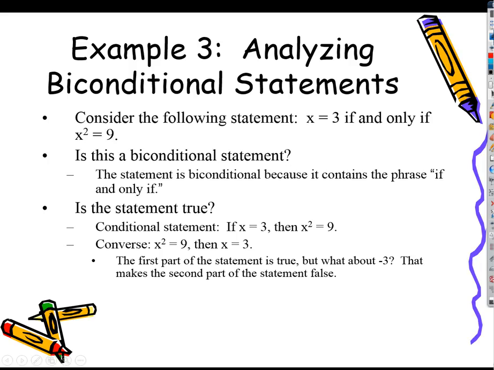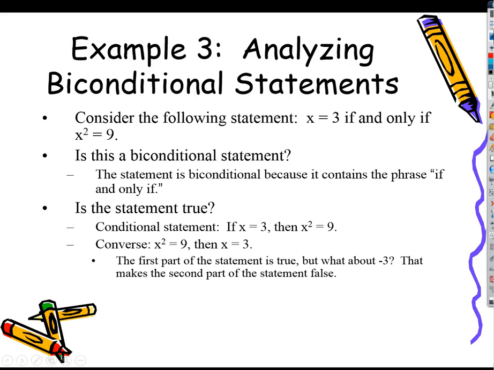But consider the following statement: x equals 3 if and only if x squared equals 9. Is that true? No, that's not true, is it? Doesn't work, does it? Does it work in one direction? It does.